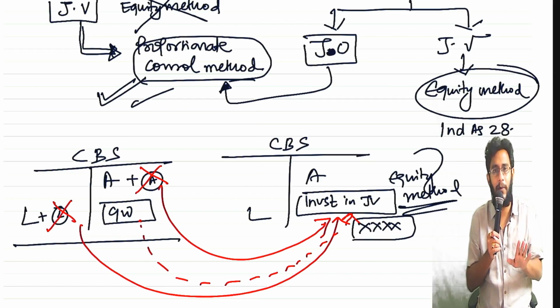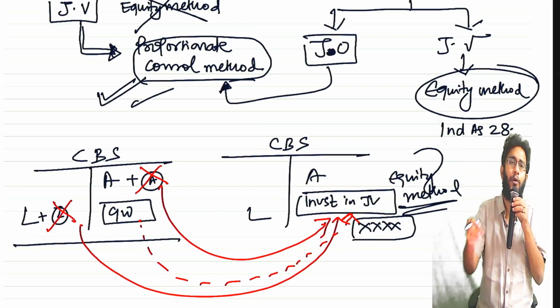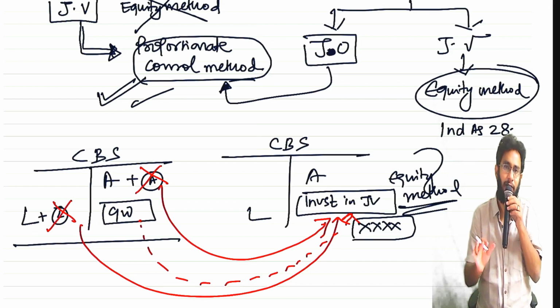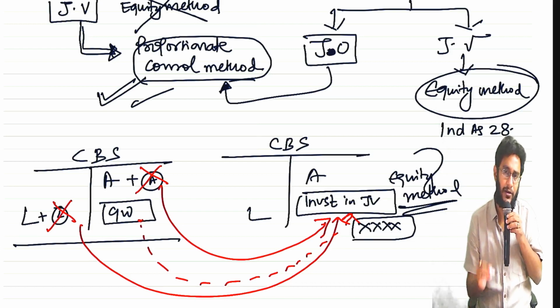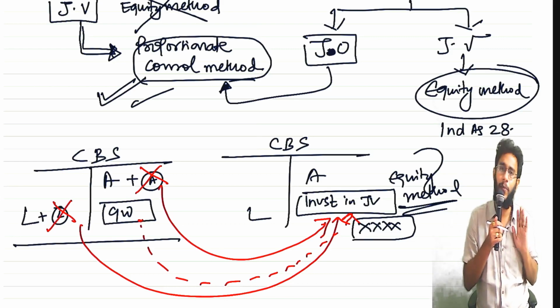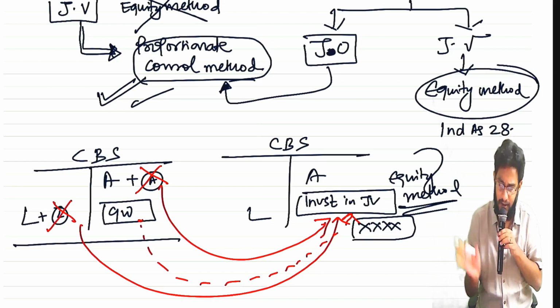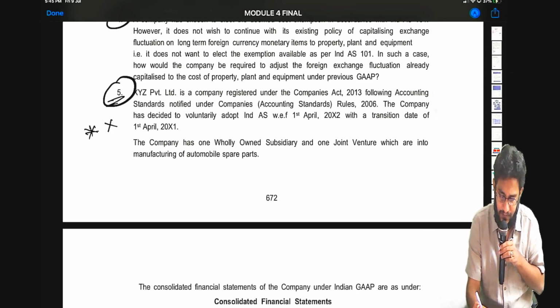Whatever you consolidated, that same amount you recreate as an investment. If in the consolidated balance sheet any goodwill belongs to the joint venture, that goodwill also you incorporate. That's it, sir. There's nothing else. It's a very logical sum, but the sum is important, guys.